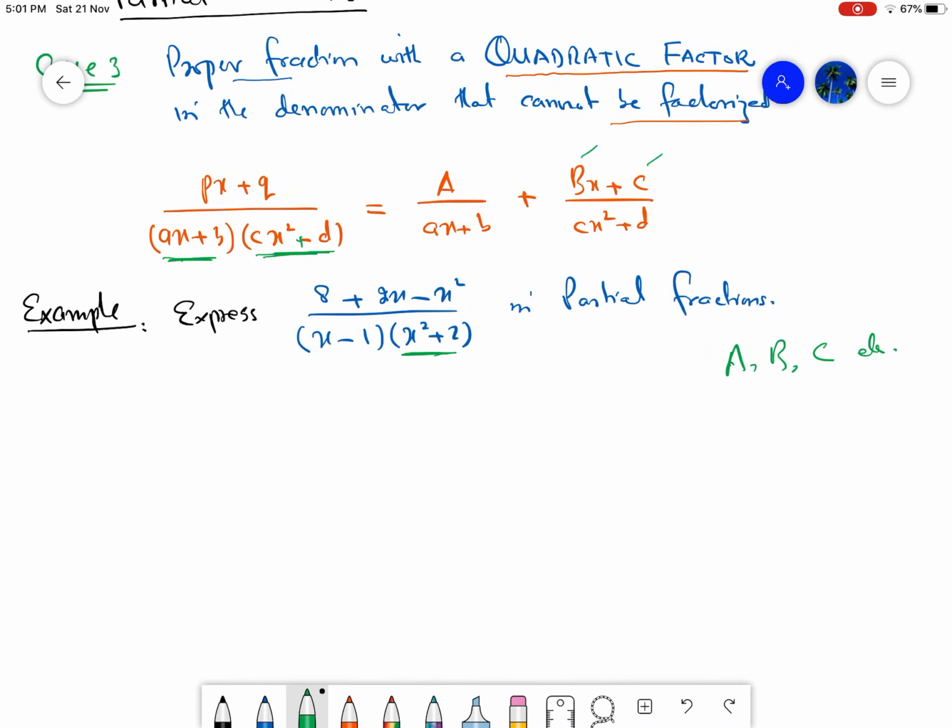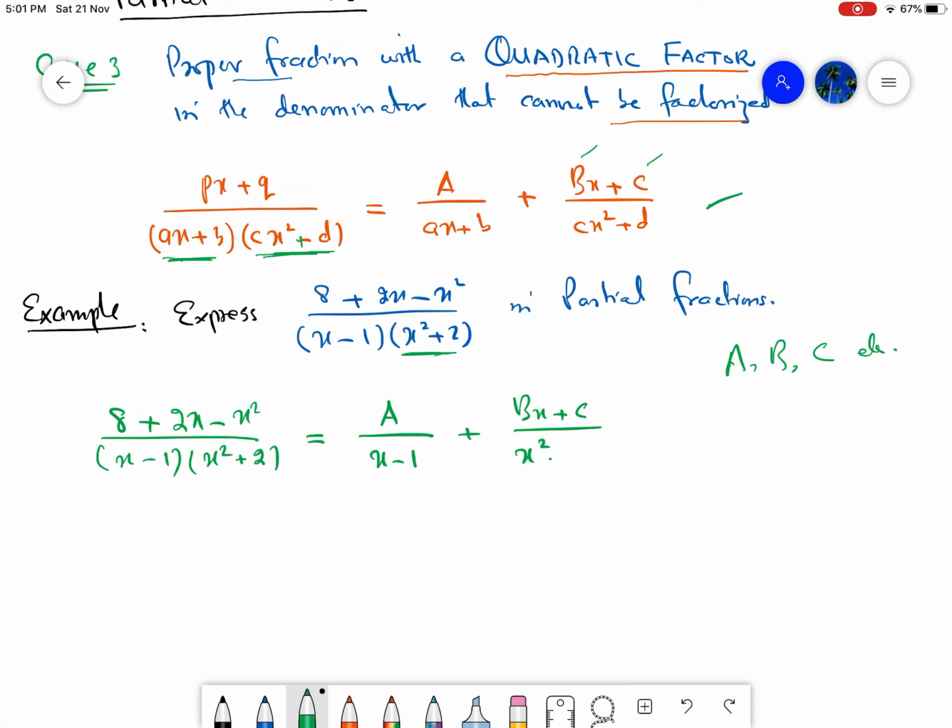So let's start. The expression is given here, (8 + 2x - x²) divided by (x - 1)(x² + 2). And we can write it down therefore using this approach, A over the linear part plus (Bx + C) over the quadratic part, x² + 2.